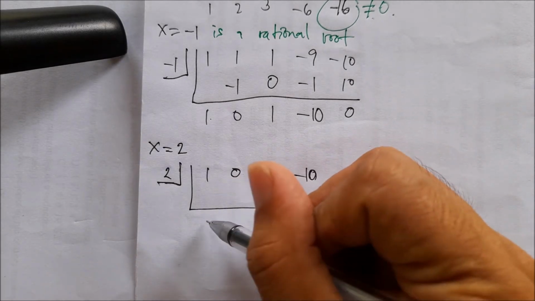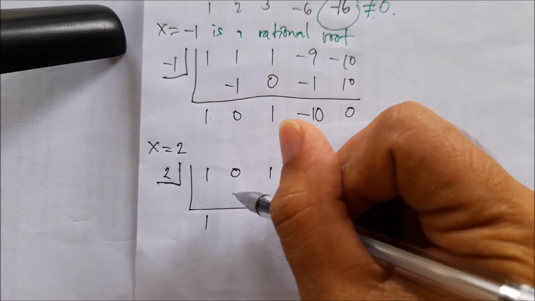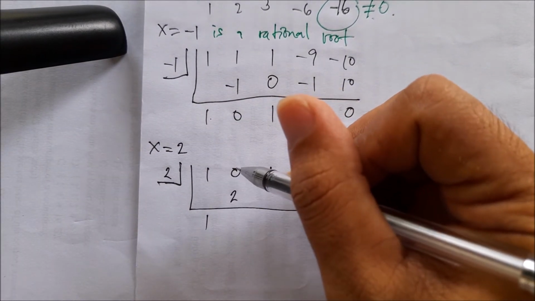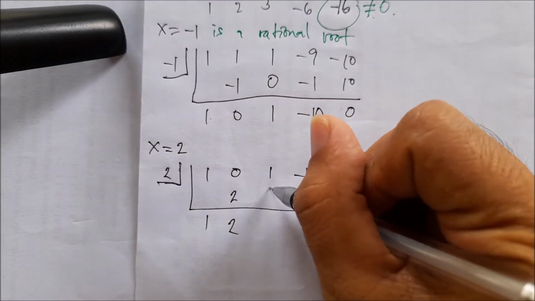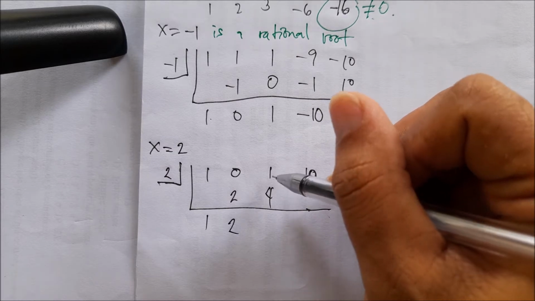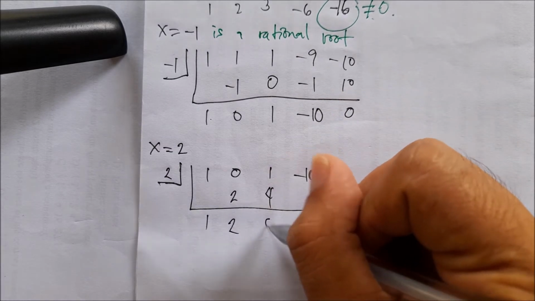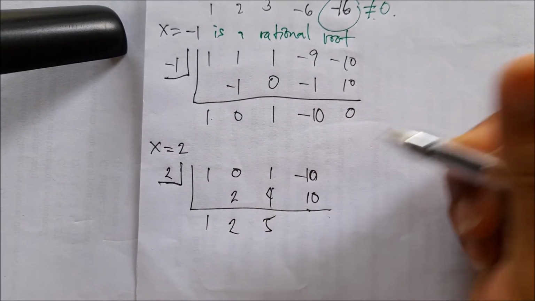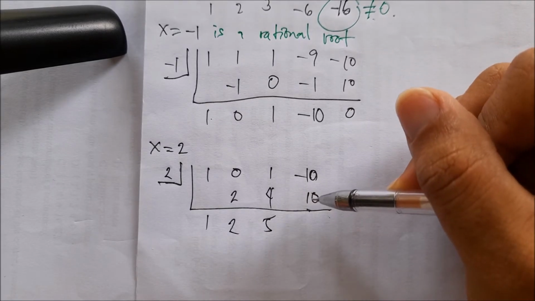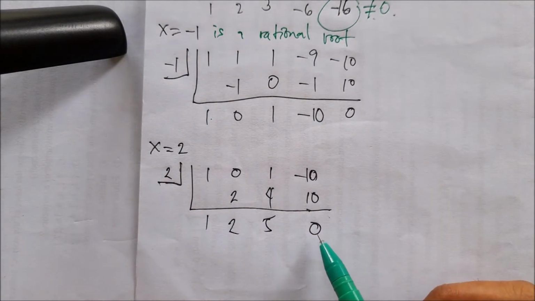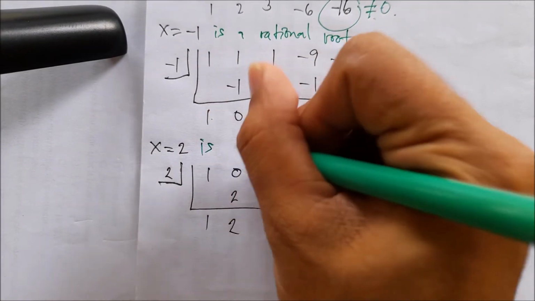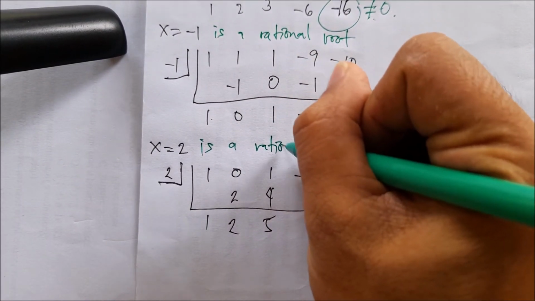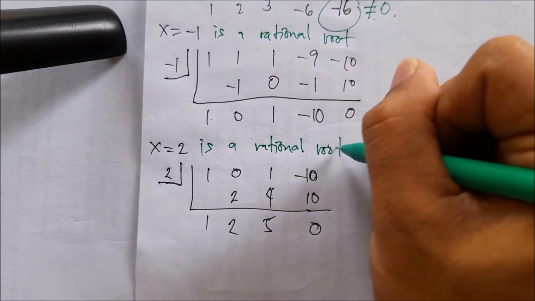Now continue, bring down 1. 1 times 2, 2. 0 plus 2, 2. 2 times 2, 4. 1 plus 4, 5. 5 times 2, 10. -10 plus positive 10, 0. The remainder is 0. The positive 2 is a rational root.